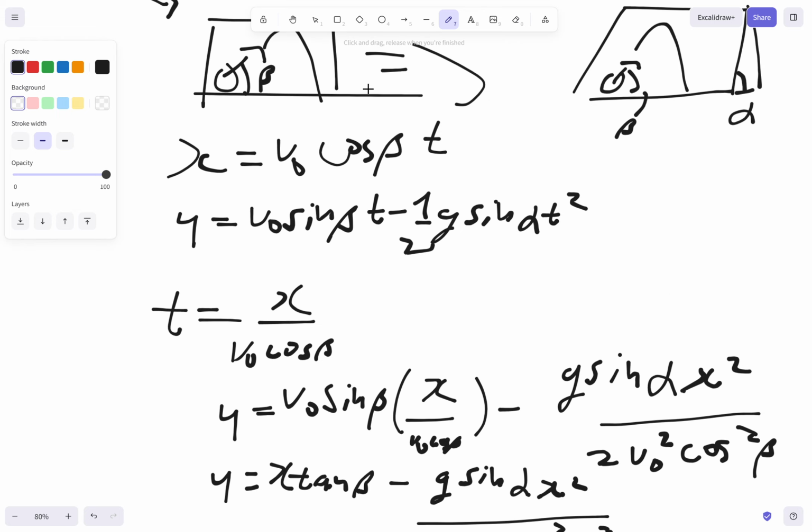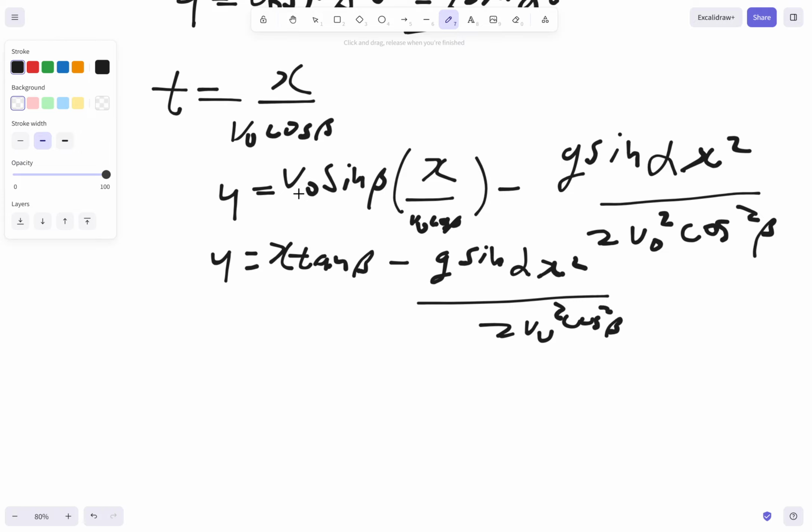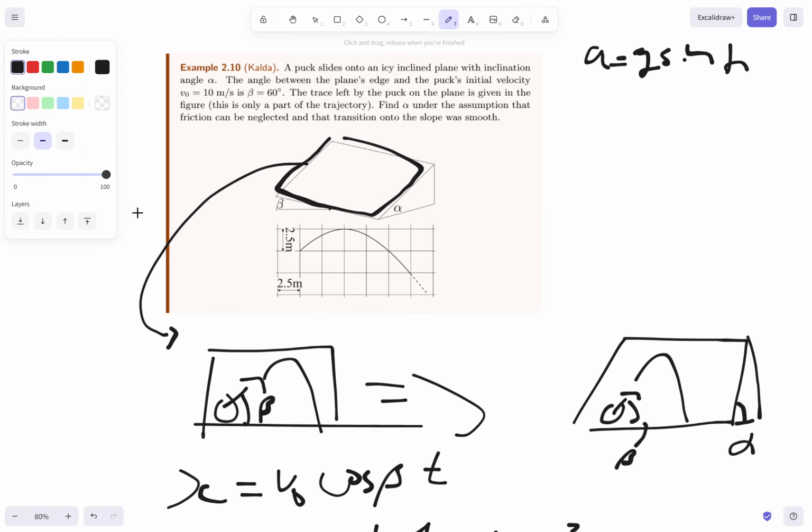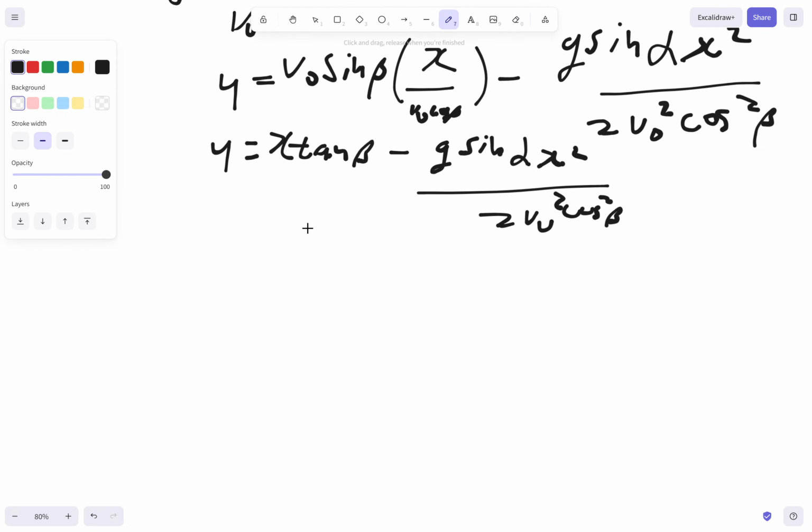So what this gives us is the equation of a projectile, which we can line up to this. This is also the equation of a projectile. And in the equation of a projectile, there's many things, right? So this is in what, standard form? Ax squared plus bx plus c.